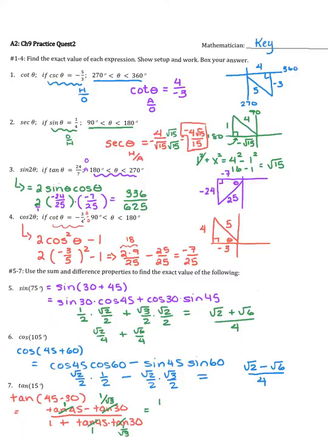So what I have here is 1 minus 1 over rad 3 over 1 plus 1 over rad 3. We can leave off the times 1. So fraction over fraction is pretty ugly. So what I'm going to do is multiply top and bottom by rad 3. That's going to give me rad 3 minus 1 over rad 3 plus 1.